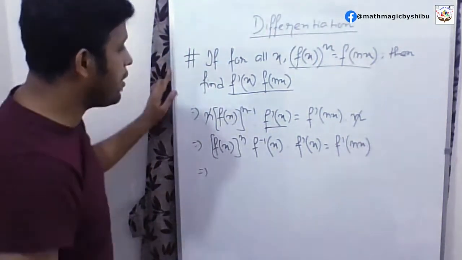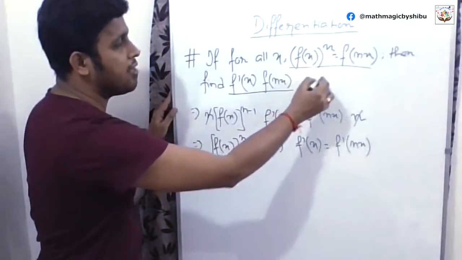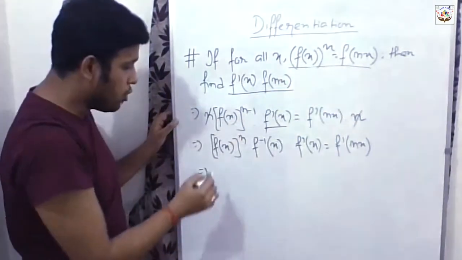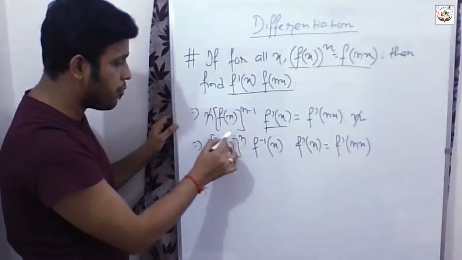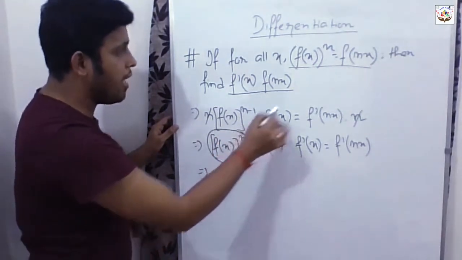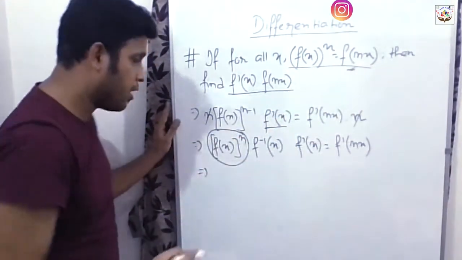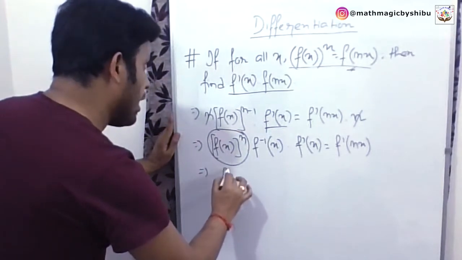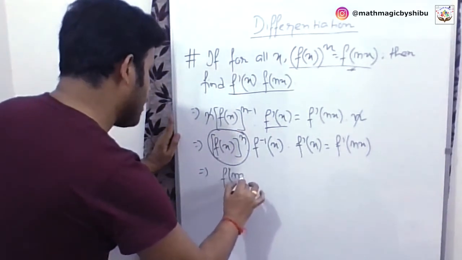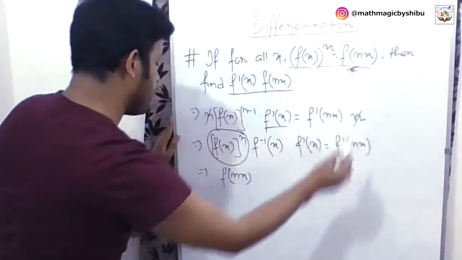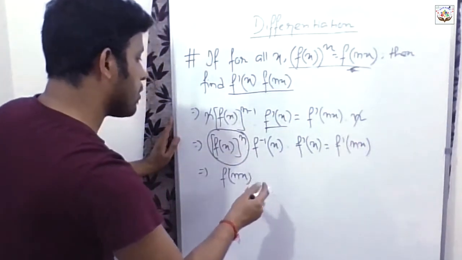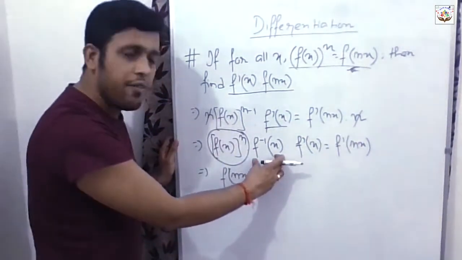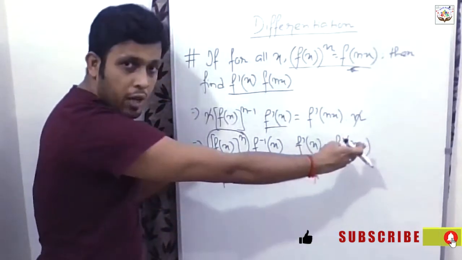So we have the definition of (f(x))^n as f(nx). So we can put f(nx) as it is given here, into, we are taking this f inverse x to this part.